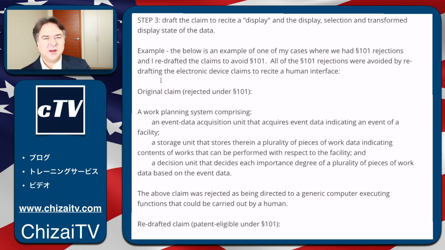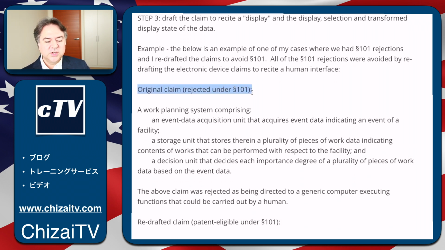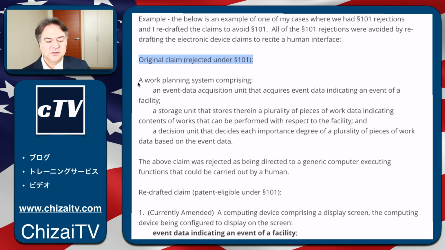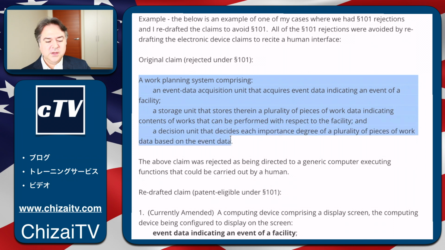Actually, this is a case that I worked on. We had a 101 rejection, this claim here, and I redrafted the claims using this human interface strategy, and we avoided all of the 101 rejections, the eligibility rejections. So here, this is a claim. It's quite short.